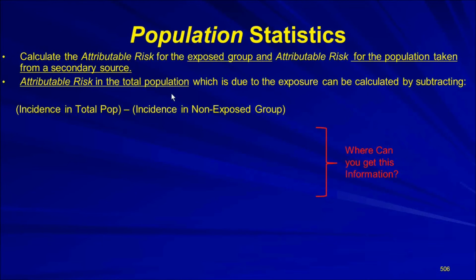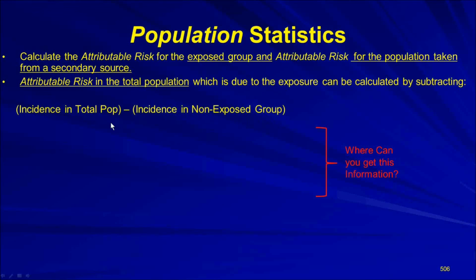We know that 19% came from a secondary source, and that happened to be from the CDC. And attributable risk in the population which is due to exposure can be calculated by subtracting incidence in the population and incidence in the non-exposed group.